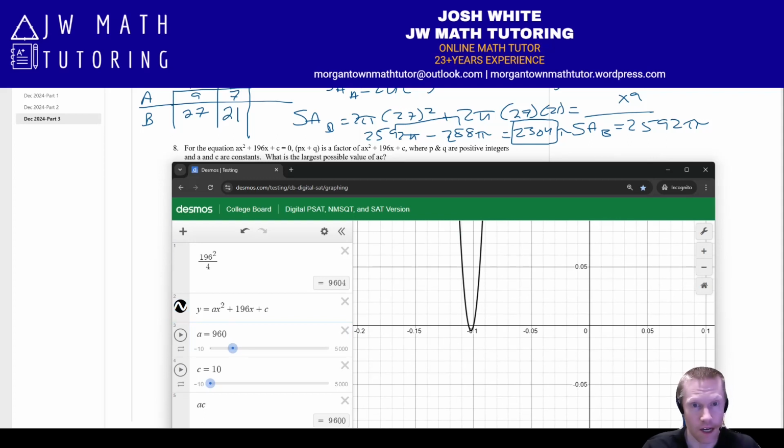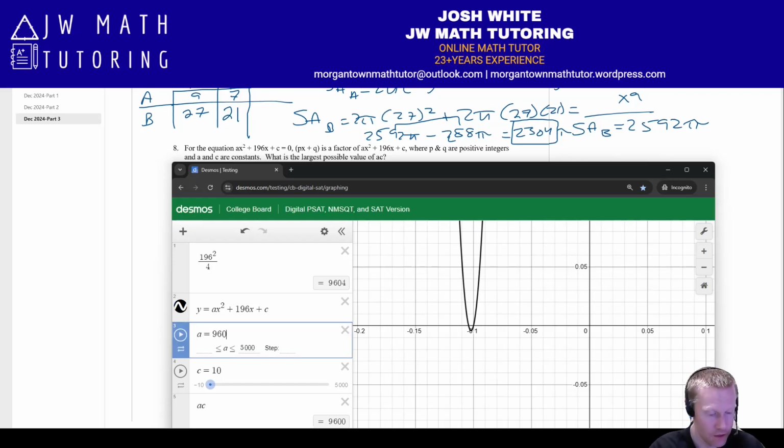So the largest possible value is going to be the largest A and C values such that you have at least one solution, or one x-intercept. So right here, 9610, it's already over. So it's something obviously less than 9610, but more than 9600. And then you could try this, 9601, 9602, 9603, 9604.